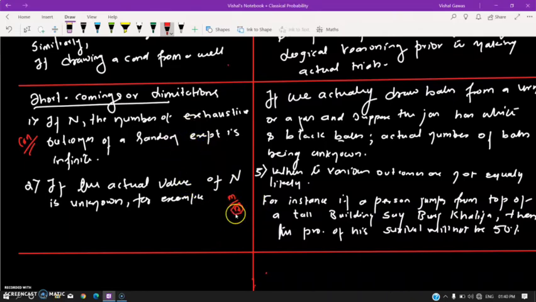It has to be finite. You cannot have infinitely many n's, the total number of outcomes of an event, and you should know all the outcomes. For example, if we have a jar with some balls inside, say black and white balls, and I don't know exactly how many white balls and black balls there are, then I don't know the probability of picking a black ball.